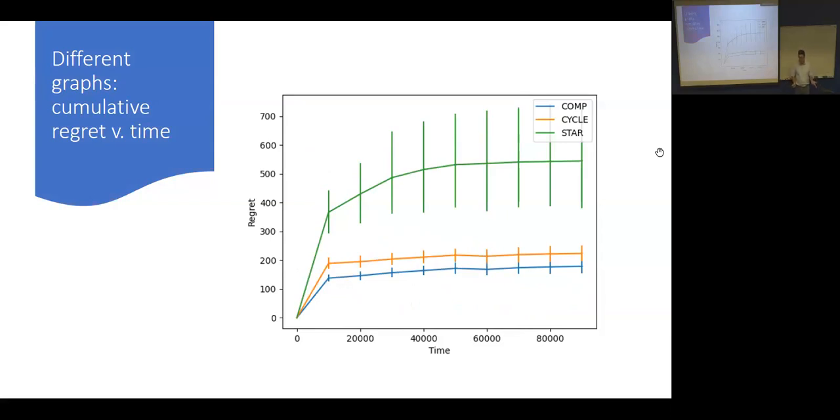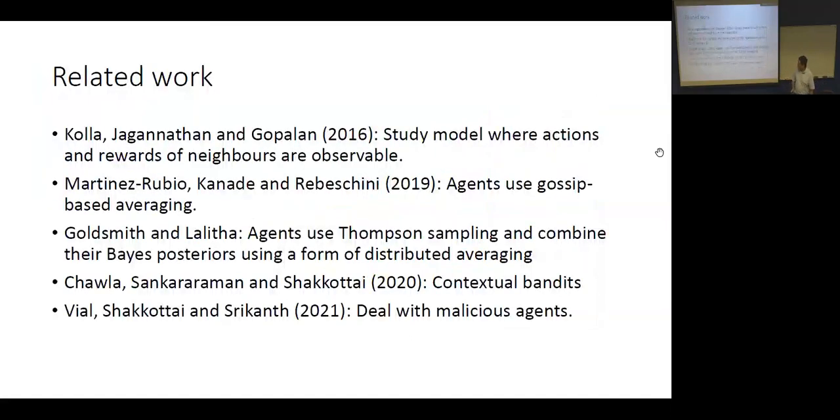Maybe what's happening is that the star, at the end of every phase, gets lots of different recommendations, and since it randomly chooses a recommendation, it's not picking up the best. I'm just speculating, we don't know, but we were somewhat surprised that the star did worse than the cycle. We expected the opposite. Okay, and so that's the work.